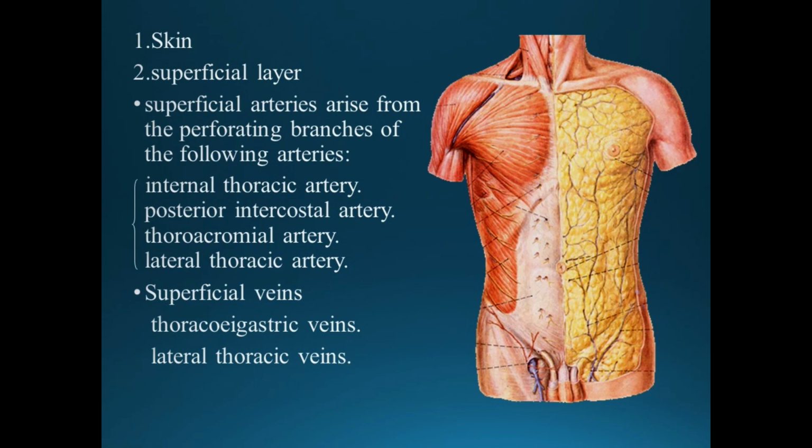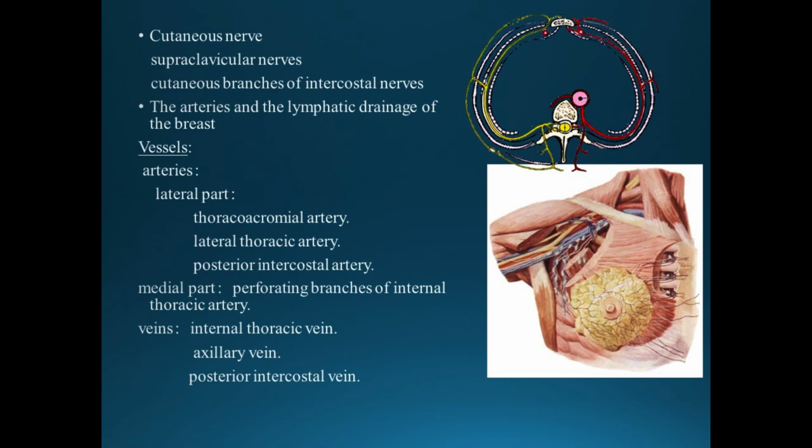Superficial veins: thoracoepigastric veins, lateral thoracic veins. Cutaneous nerves: supraclavicular nerves, cutaneous branches of intercostal nerves.